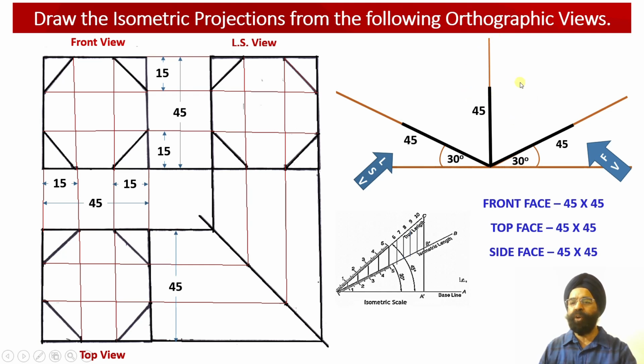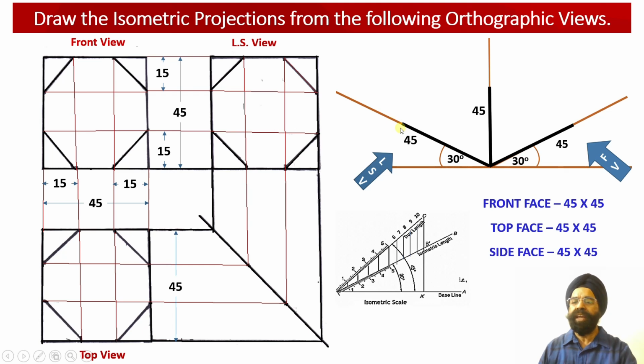So the front view face will be located alongside the YZ plane. The left hand side view face of the solid will be obtained alongside the XY plane, and the top view projection corresponding to this solid will be obtained alongside the XZ plane over here.